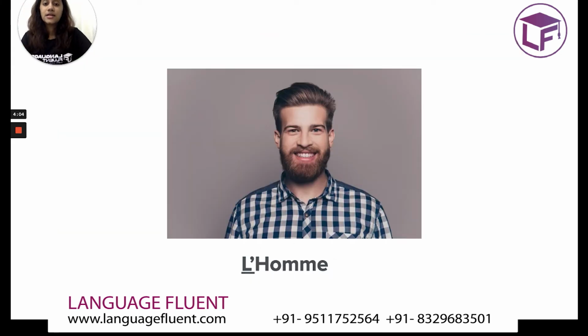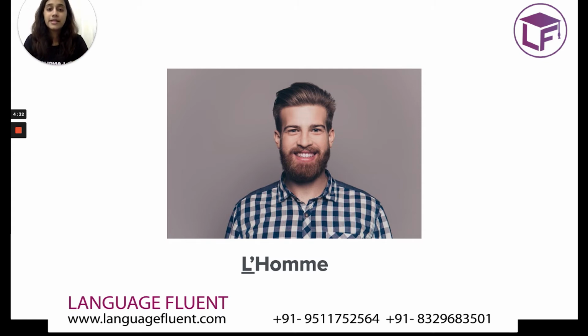Then comes l'apostrophe. So when we are using l'apostrophe, we have to know that it could have been le or la, but we are eliminating the vowel that comes in le and la, that is e and a, and we are using an apostrophe for ease of pronunciation, right? So we use it only when the word, that is the noun or the subject, starts with a vowel.